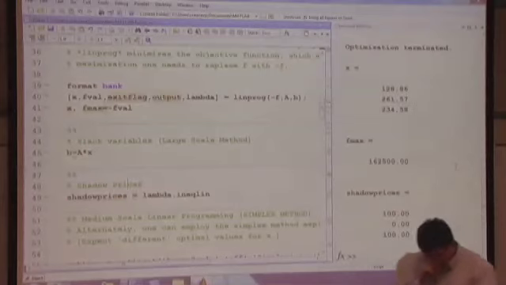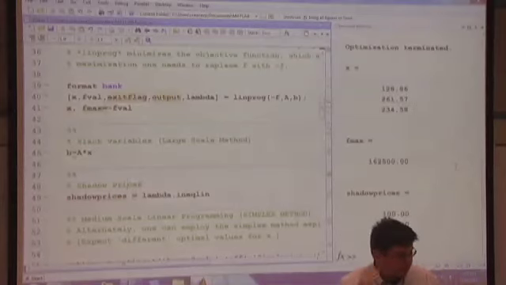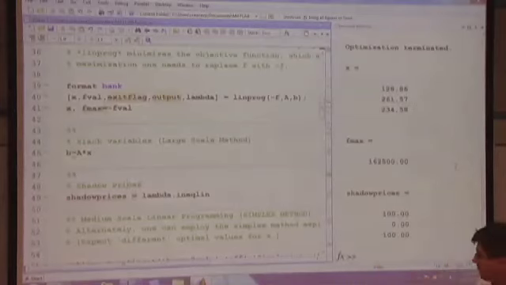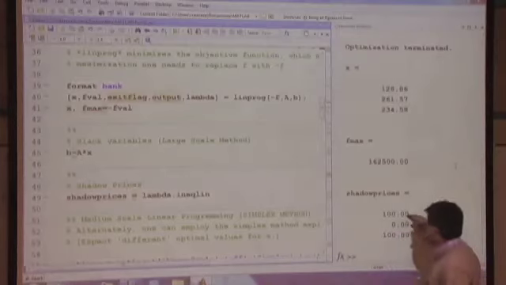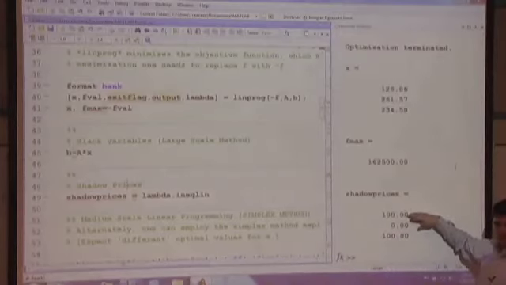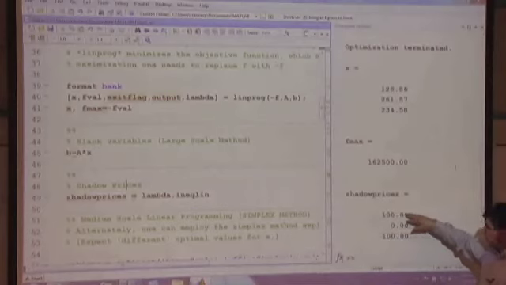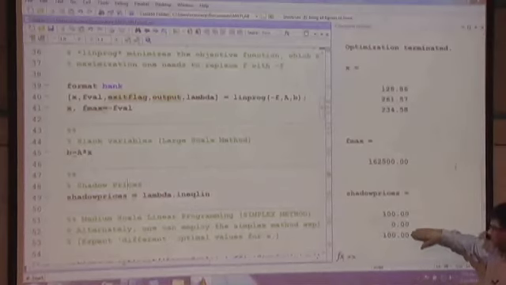So what is the meaning of this? Think of lambda as a Lagrange multiplier or shadow price for each of the constraints: the first constraint, second constraint, third constraint.